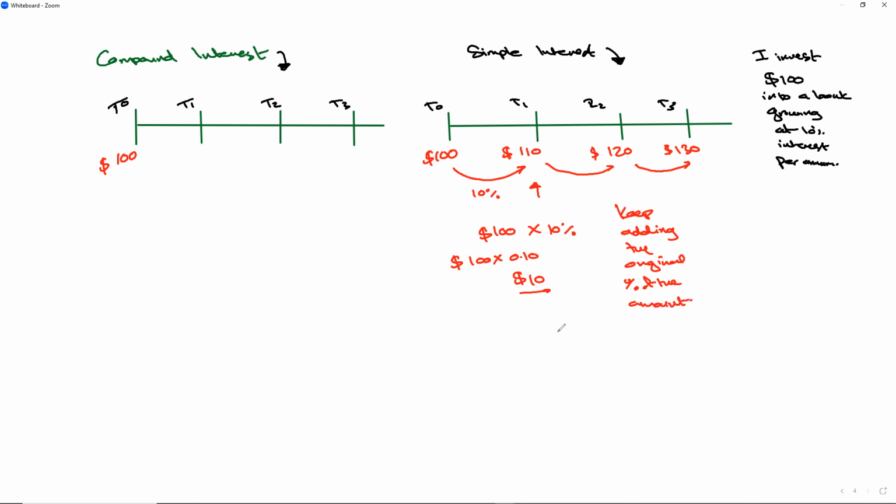And with simple interest, there's a simple interest formula, which is A equals P(1 plus IN), where A equals the final amount, P equals my present value, I equals my interest, N equals my term, how many years, etc.